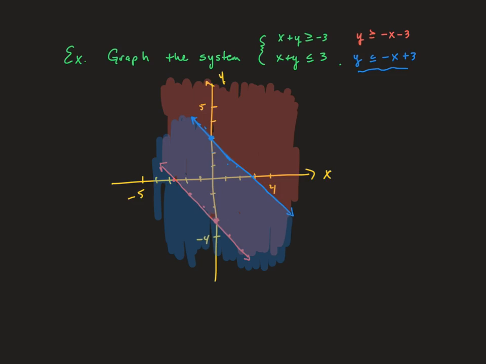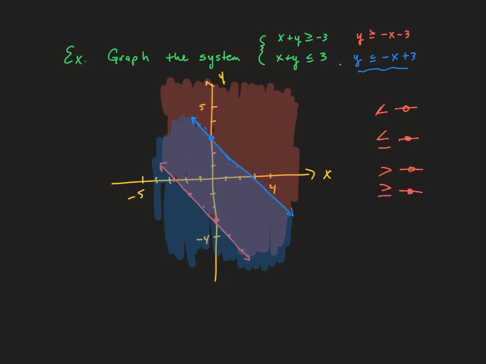And I'll just remind you, when you are graphing these, and maybe I sort of glossed over it, this is less than, this is less than or equal to, this is greater than, this is greater than or equal to. When you're graphing these on a number line, you would see this as an open circle, this as a closed circle, this as an open circle, and this as a closed circle.